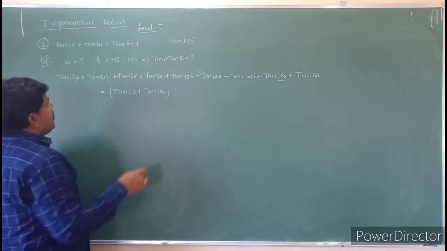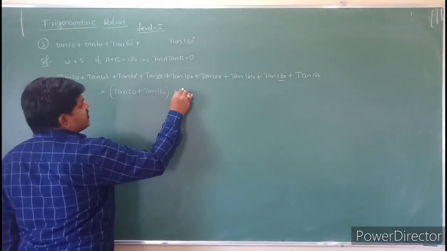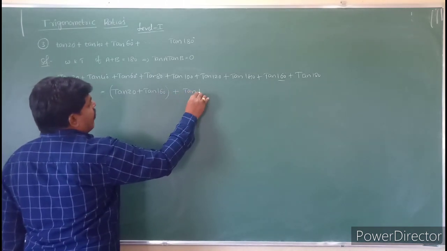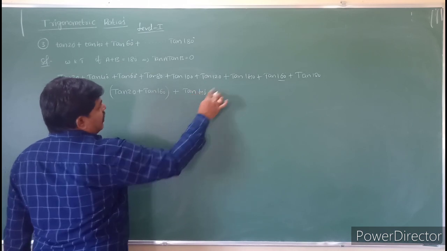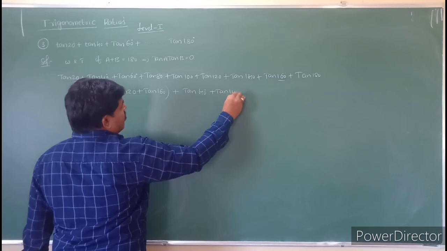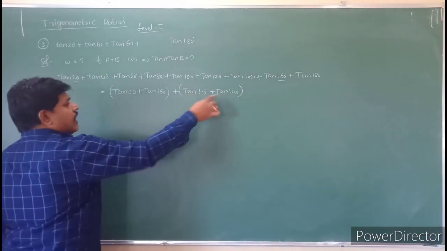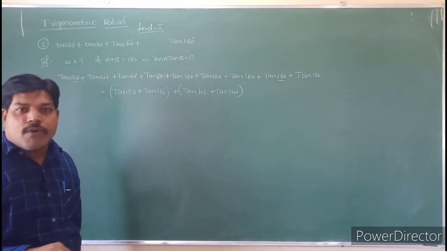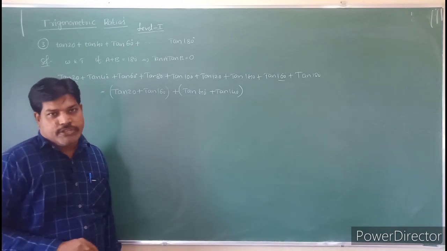Similarly, take the next one, tan 40 plus tan 140 degrees. A plus B is 180, so then tan 40 plus tan 140 will become 0.